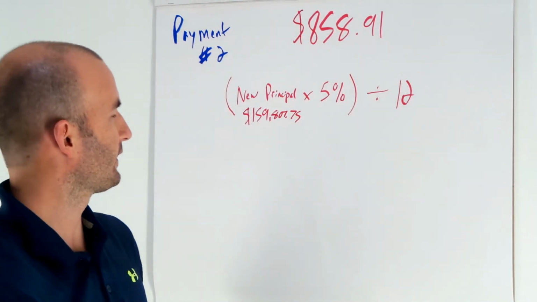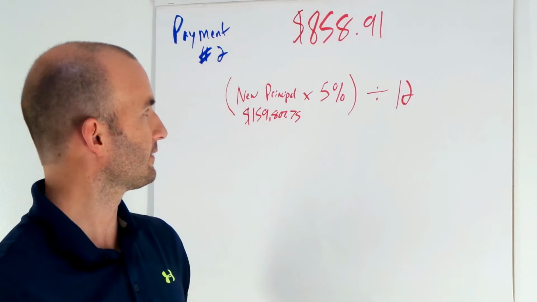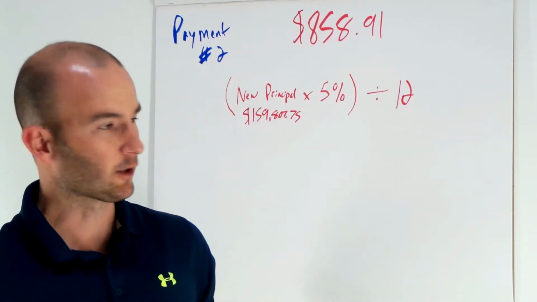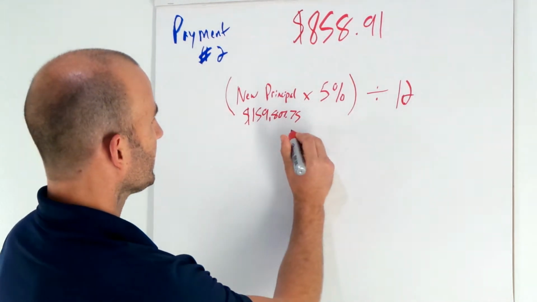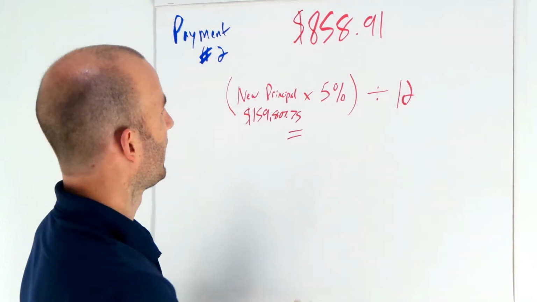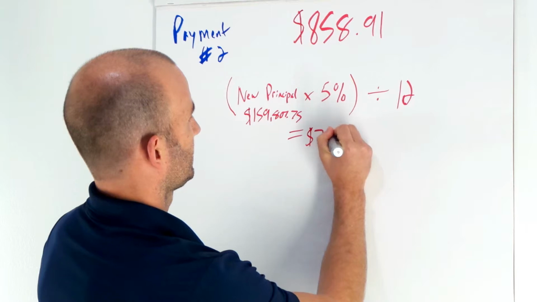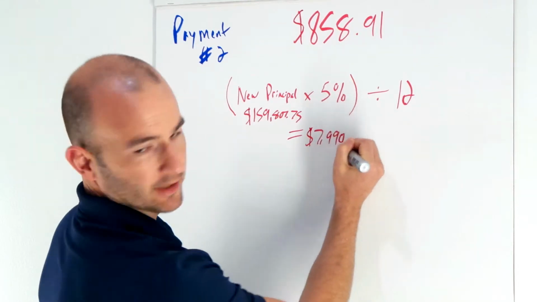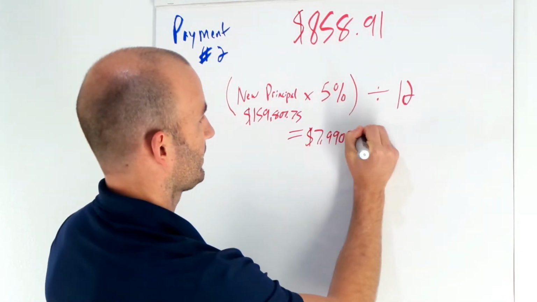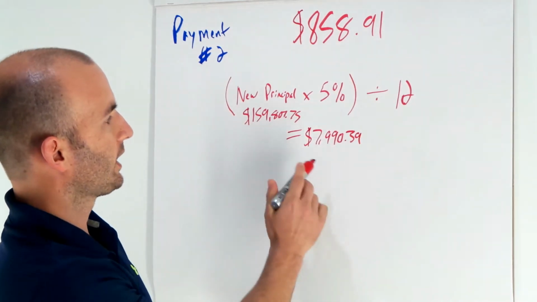So new principal amount of $159,807.75 times our 5% interest rate gives us an amount of $7,990.39. Okay? We follow our same formula.